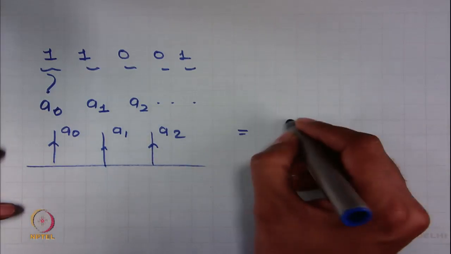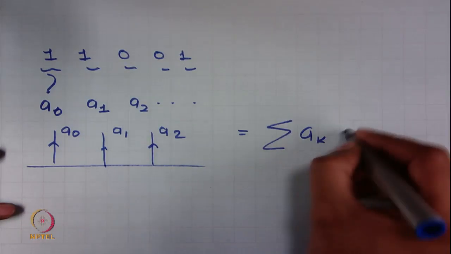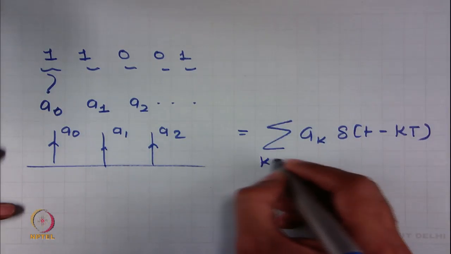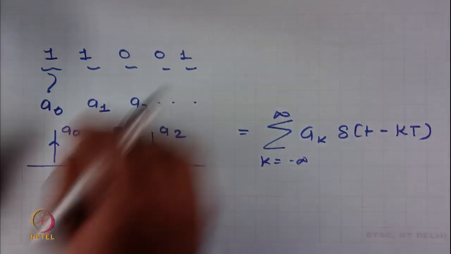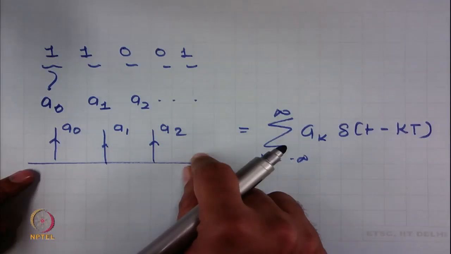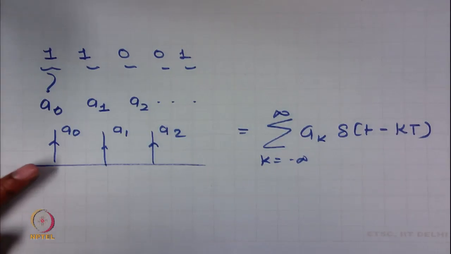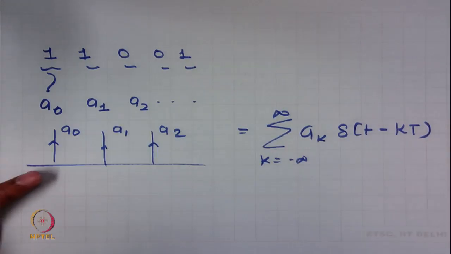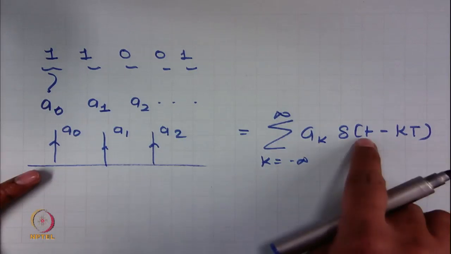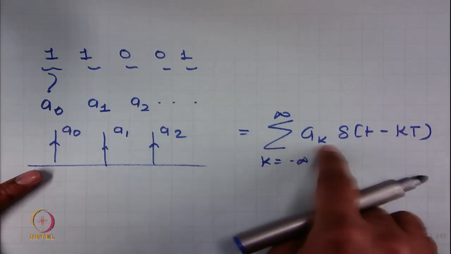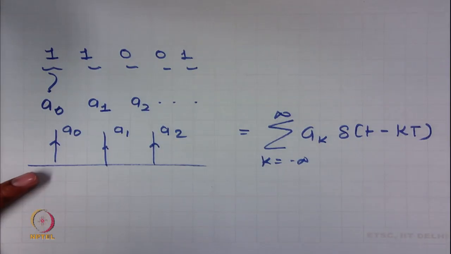So, what you have is summation a_k delta(t - kT). You take a binary sequence, find real numbers corresponding to the sequence, and create an impulse train, with impulses located at 0, T, 2T, 3T, and the weights of the impulses given by the a_k.